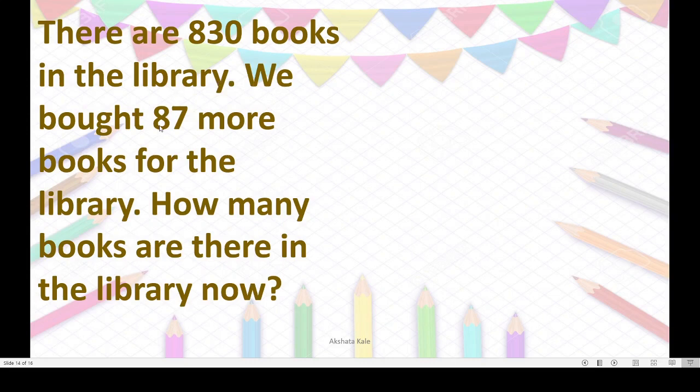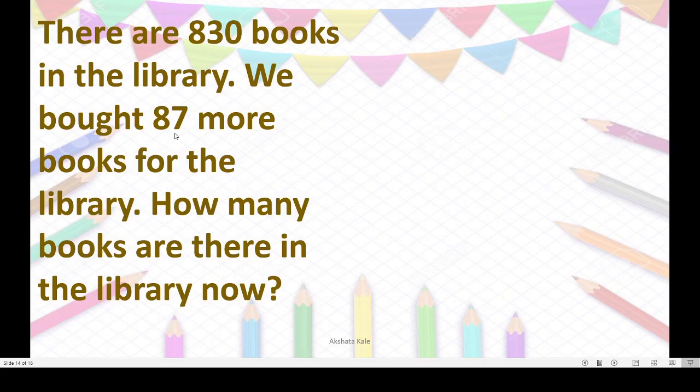We bought 87 more books for the library. Earlier there were 830 books. 87 books means they are new books. Correct? Now what to find out? How many books are there in the library now? So we are going to add these two numbers, isn't it?